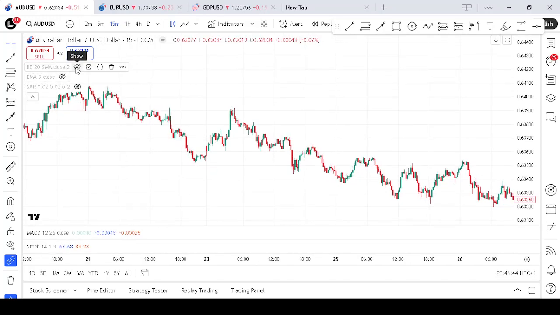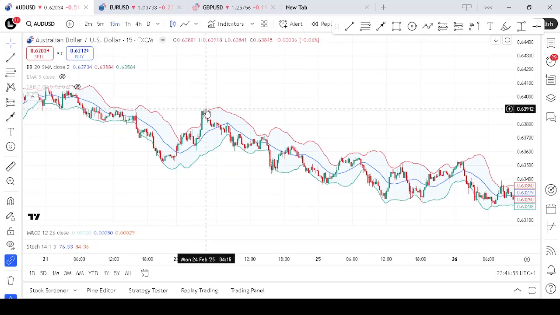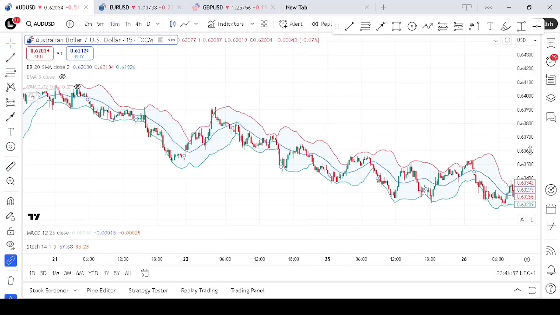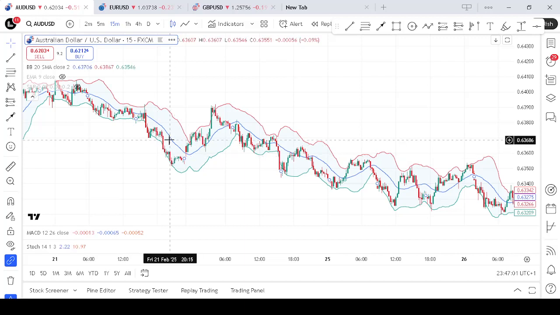The Bollinger Band is the first indicator you need to master. These 3 lines on our chart act as dynamic support and resistance levels.